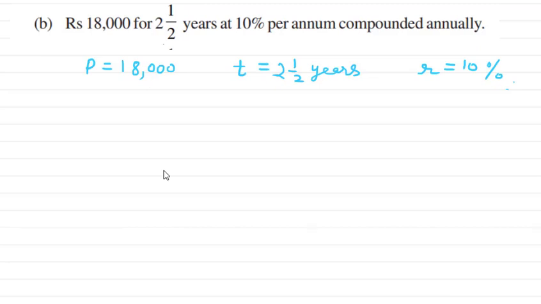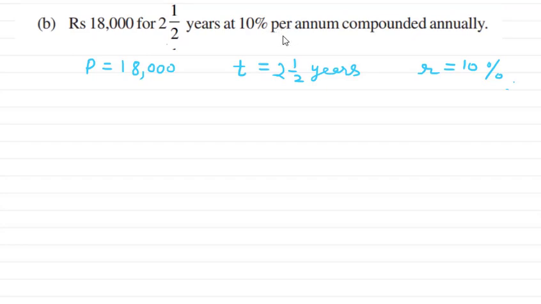This is the second, the B part of question number 1. So every question is a little bit different. Here in this question you can see rupees 18,000 for 2.5 years at a rate of 10% per annum is compounded annually. So in all these questions, the thing which you have to see carefully is the last part, it is written per annum compounded annually.